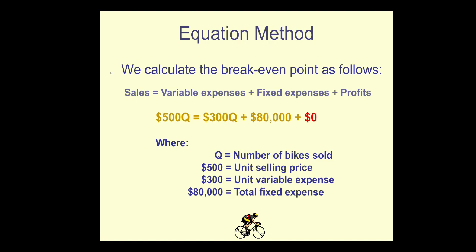The unit variable cost to produce the bicycle is $300. You can see the data at the bottom of this slide: unit selling price is $500, unit variable cost for the bicycle is $300 per bicycle, and total fixed cost is $80,000 per month.